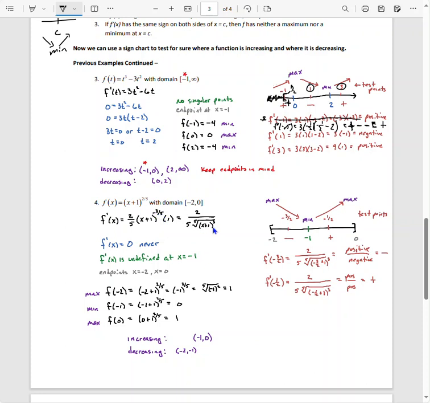I don't use rational exponents. I try to put it in terms of roots and radicals, and I don't know why. Now, to find critical points, right? We set the derivative equal to 0. Well, think about when you're solving a fraction equal to 0.